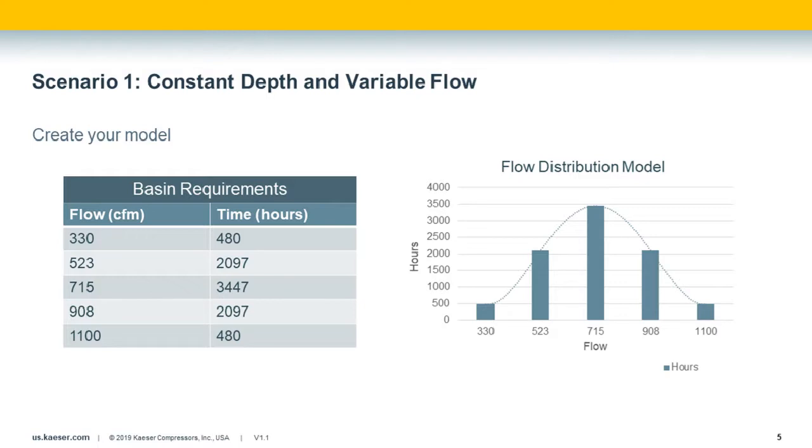It's always best to use data which you have collected from the site rather than making up data. But if you have no data, better to make some sort of model than to have nothing at all. Here, we selected flows and assigned the noted hours. We find that the majority of time for this model is spent at partial load and not at the maximum or minimum values. So our machine should provide good performance at this point to maximize our investment.